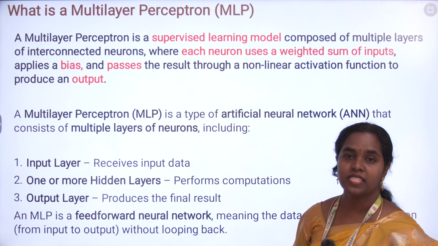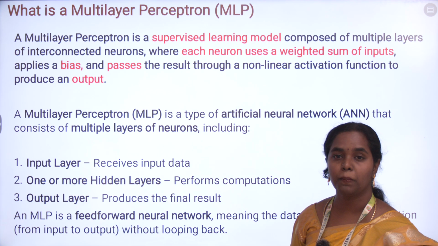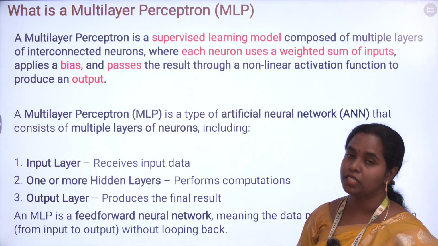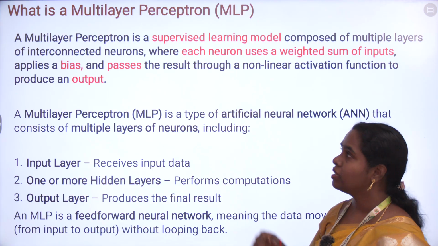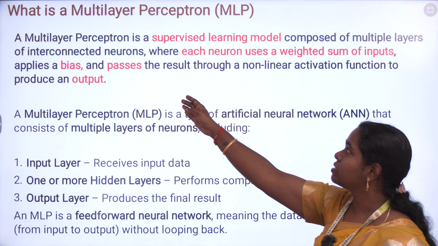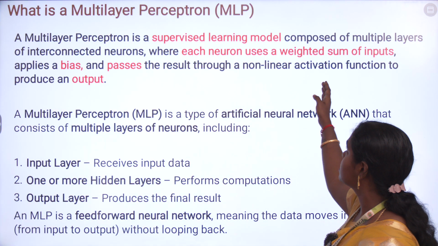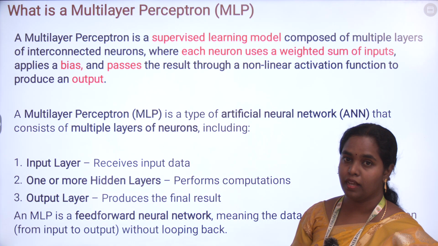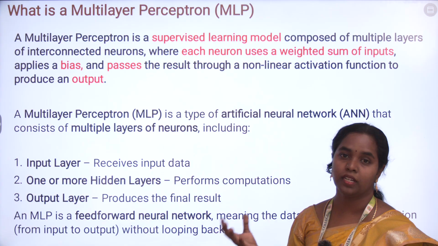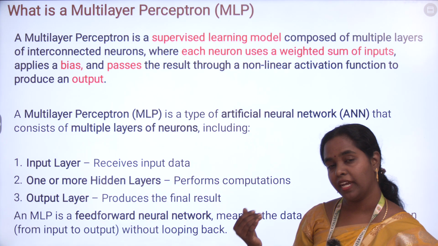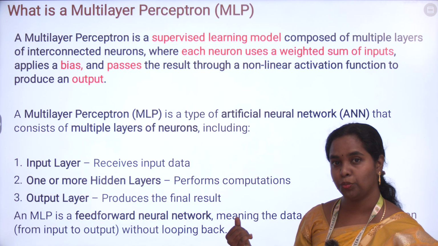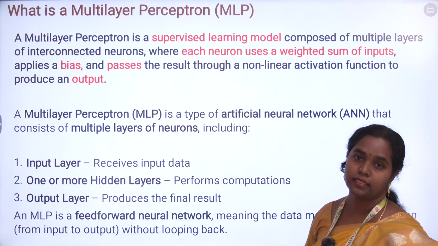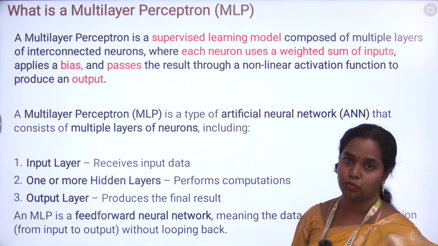Next, what is MLP? MLP is a multi-layer perceptron. Multi-layer perceptron is a supervised learning method. It consists of neurons, where the neurons use weights, the sum of inputs and bias, and pass it into the hidden layer, and finally we get the output from the output layer. This is also called ANN, an artificial neural network.